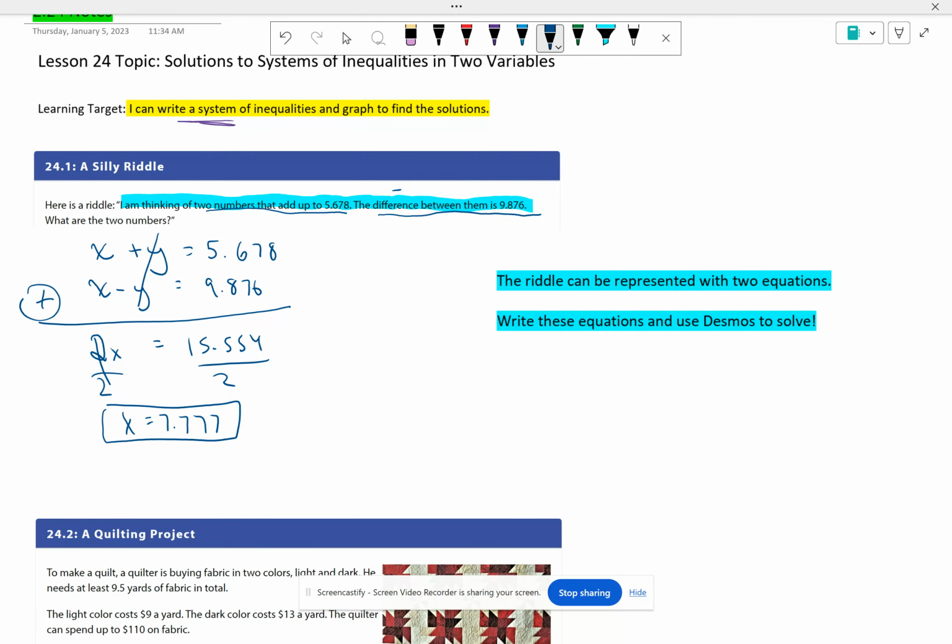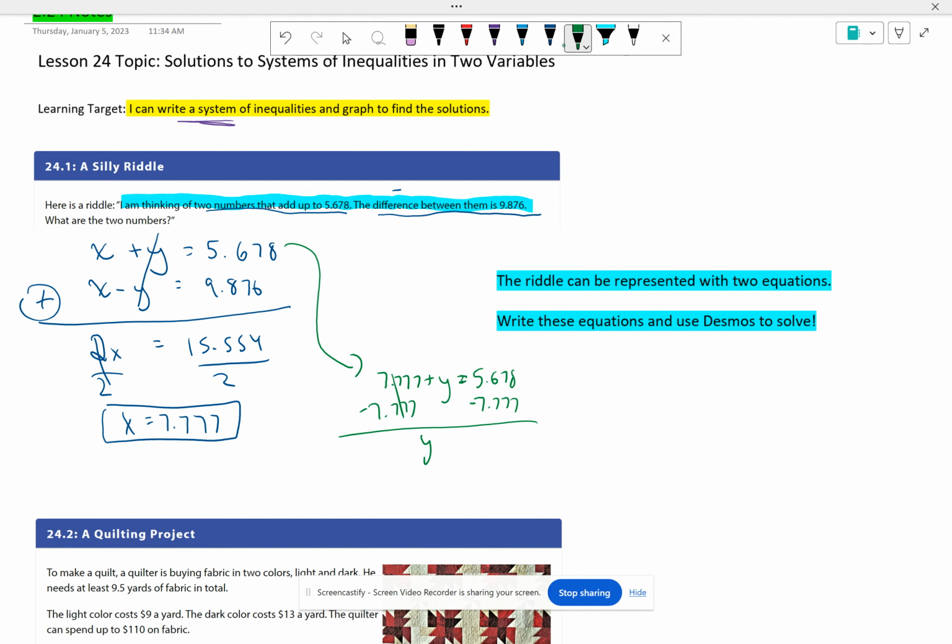To find the y value, I can just substitute 7.777 back into one of the equations. If I do it to the top equation, instead of x plus y, I'm going to write 7.777 plus y equals 5.678. Subtract 7.777 on both sides.